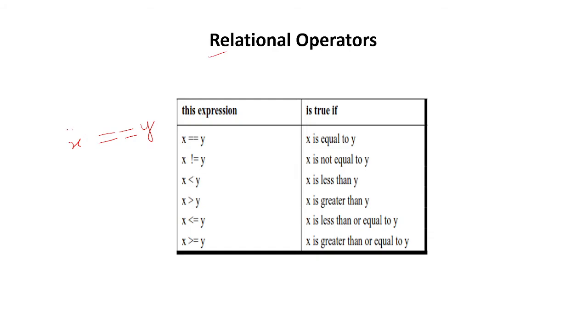If it is equal, then it will be true. If x is 3 and y is 3, then this condition will be true. And if x is 4 and y is 5, then this condition will be false.